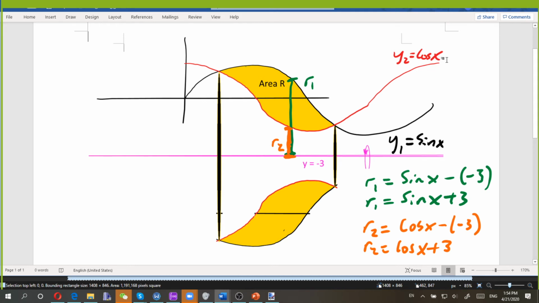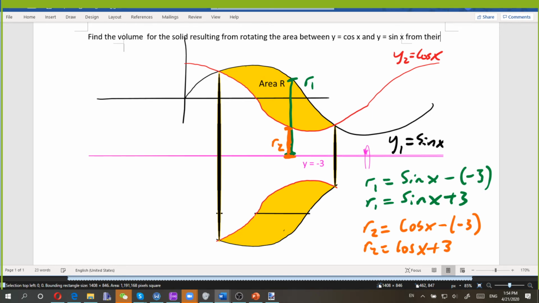My question would be something like, find the volume for the solid resulting from rotating the area between y equals cosine x and y equals sine x, from their first intersection in quadrant 1 to their second intersection in quadrant 1, about the line y equals -3.